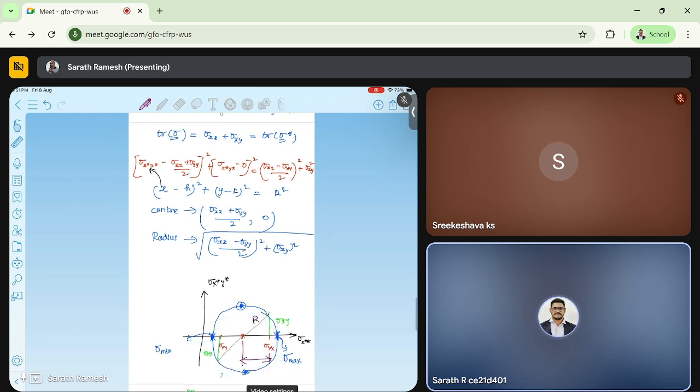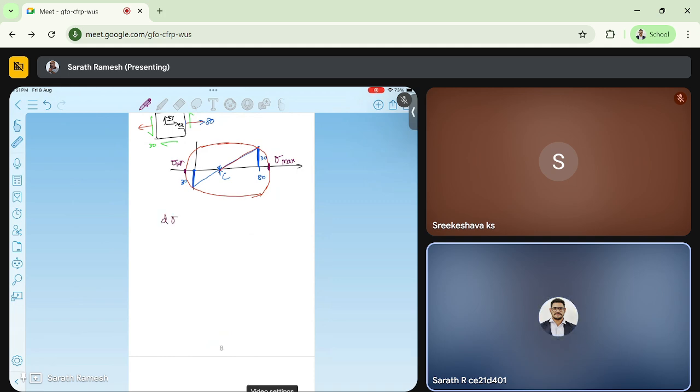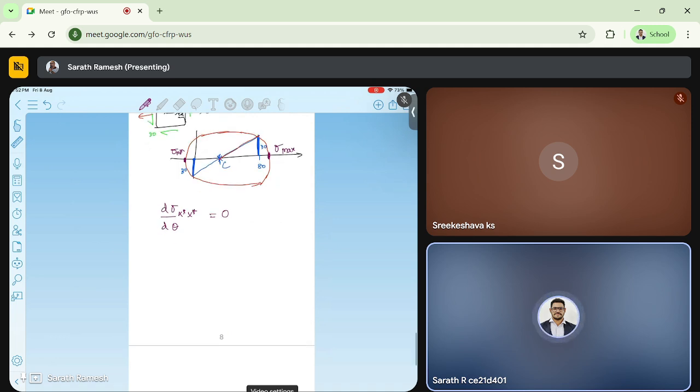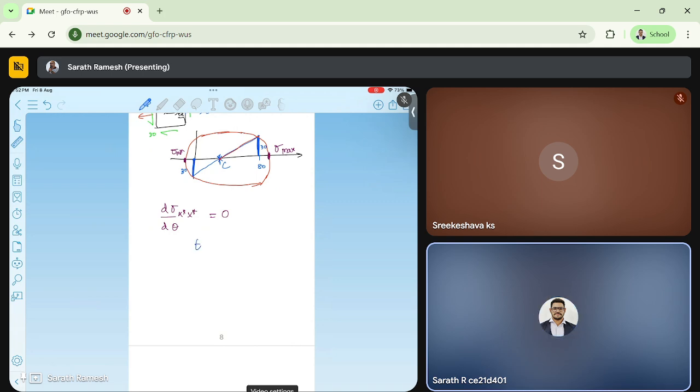Take the expression for sigma x star and find the derivative with respect to theta, because we want theta. If it is 0, we can get the plane where the maximum normal stress is there.